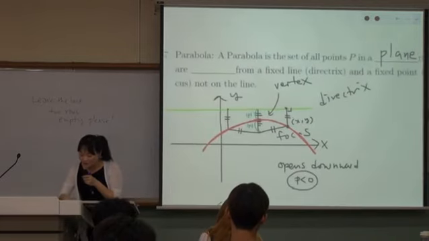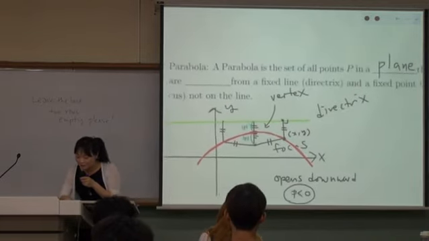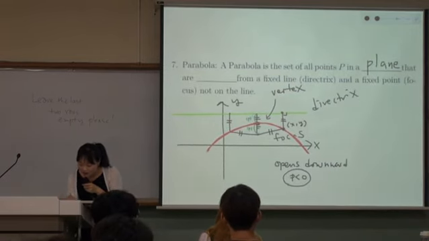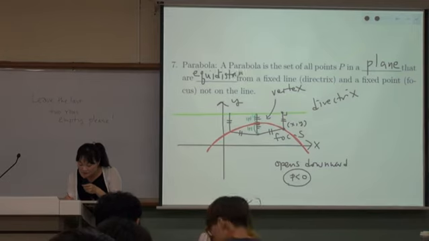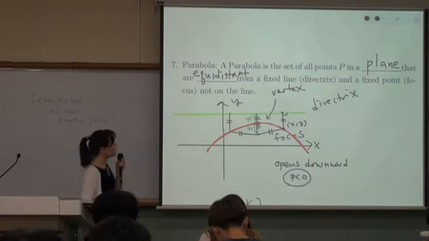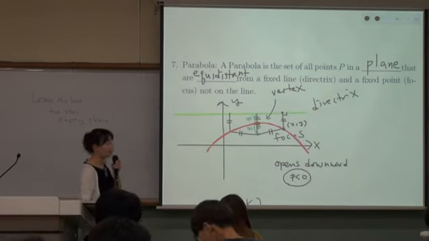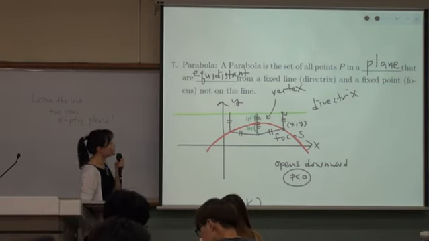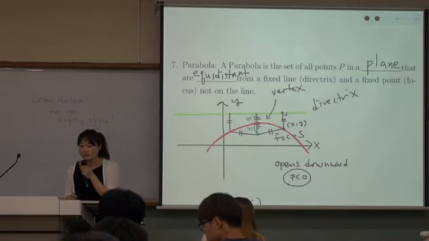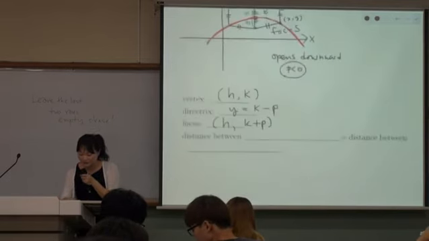Okay? So first of all, a parabola is the set of all points P in a plane that are equidistant from the directrix and the focus. So let's find the distance.